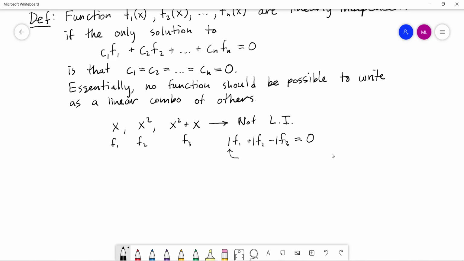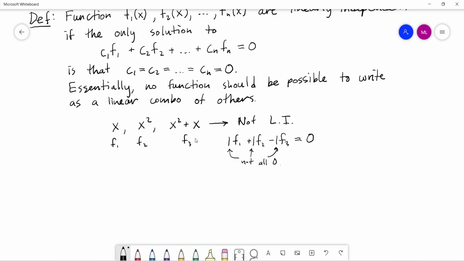They're not all zeros, right? If I add this and this, I've got x plus x squared, and then I subtract this, which is x squared plus x, it'll cancel both of these terms, and we'll wind up with 0. But the coefficients themselves are not all zeros.